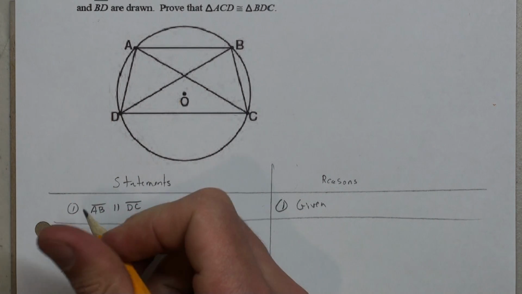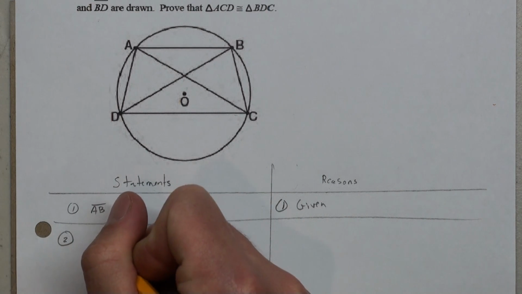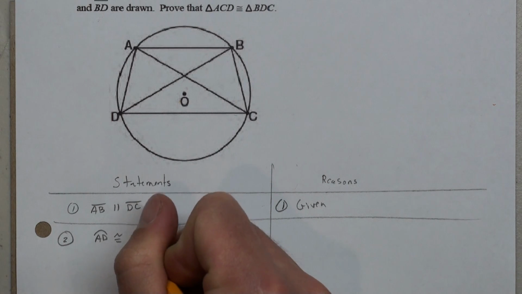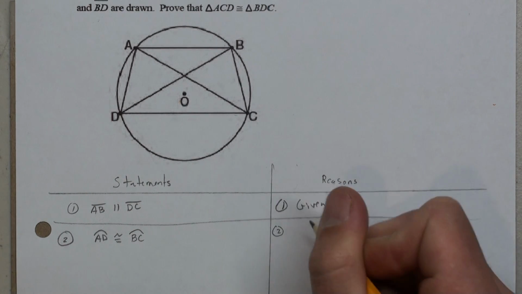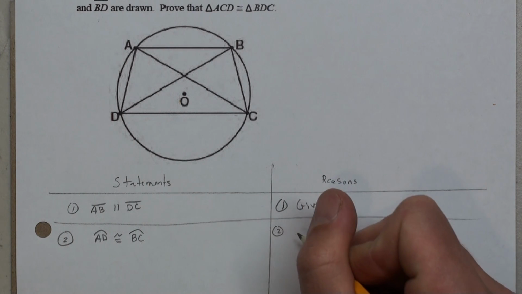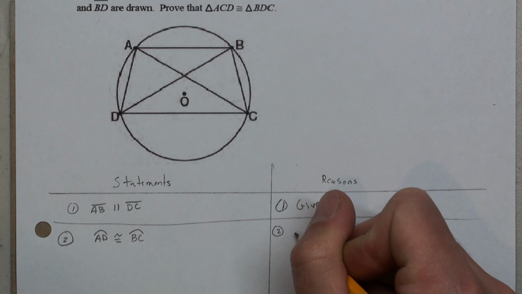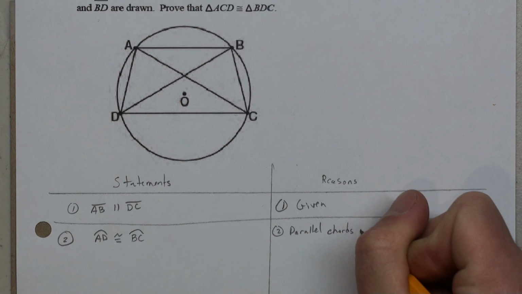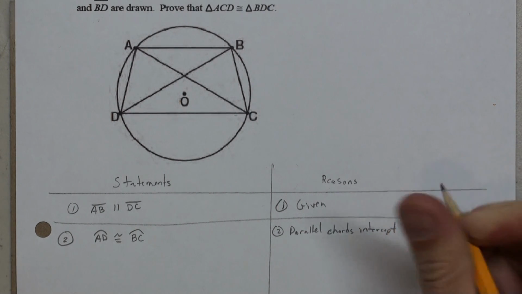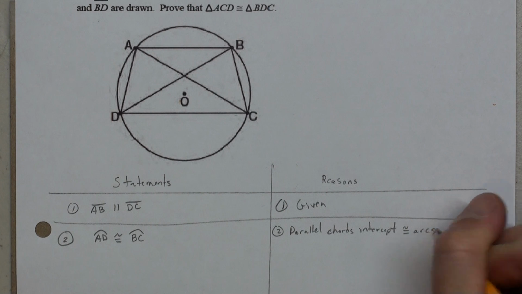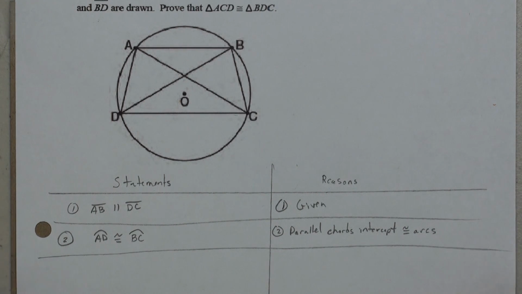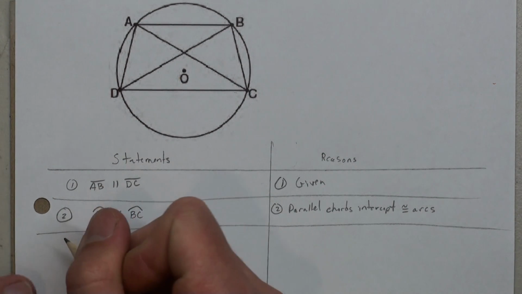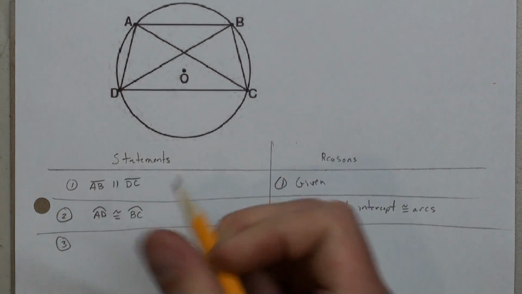So we can say arc AD is congruent to arc BC, and that's because parallel chords intercept congruent arcs.